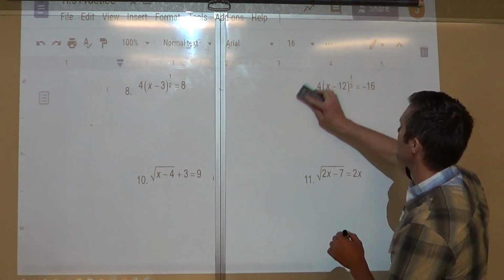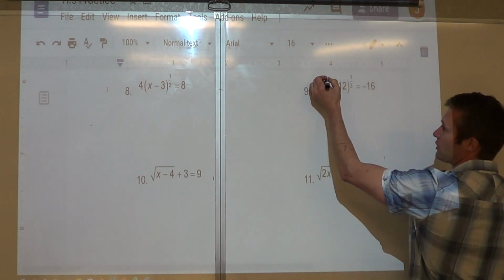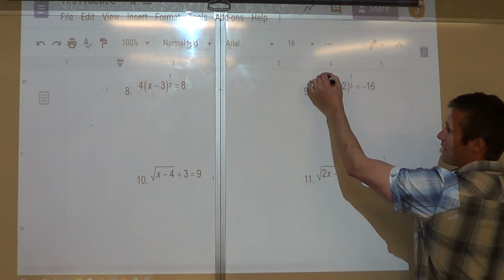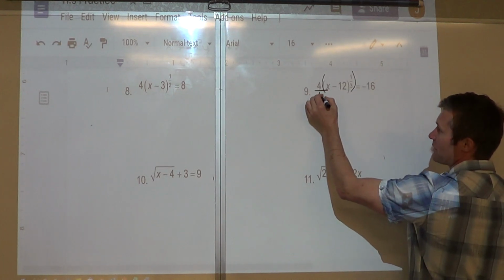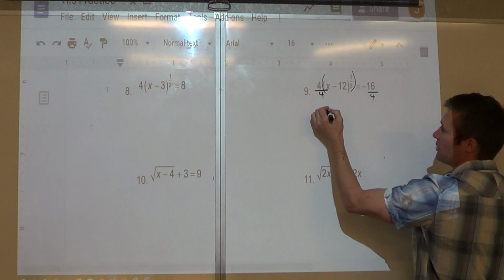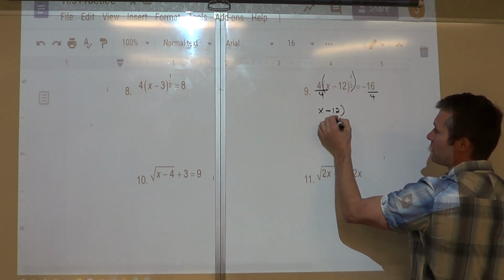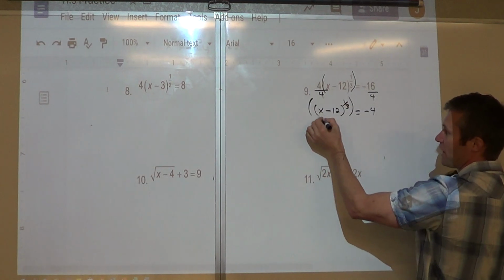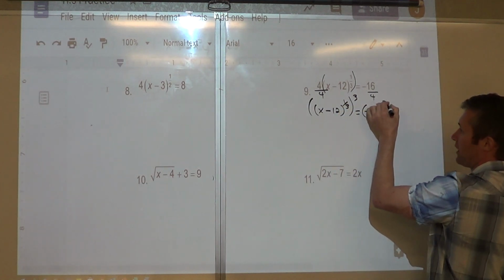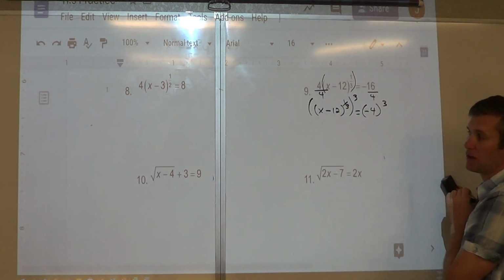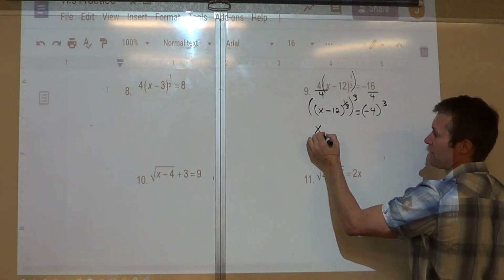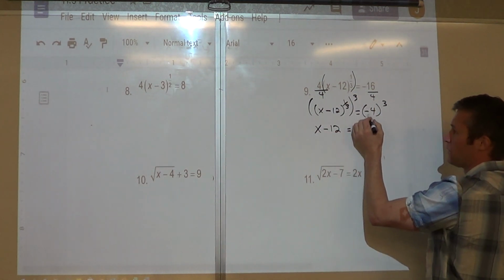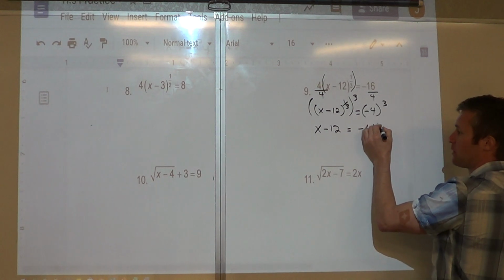On this one, I always say get this by itself, so that means I would get rid of the 4 first. So I'd have x minus 12 to the 1/3 power equals negative 4. And then we raise that to the 3rd power. And then you could go from there. So those would cancel, you just have x minus 12 equals negative 64.